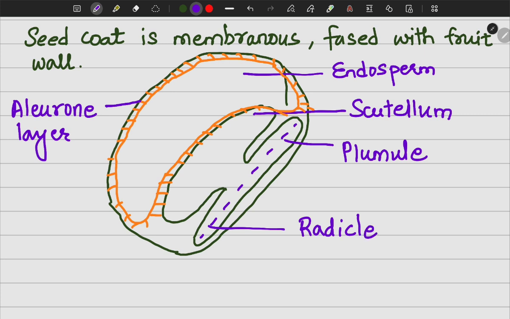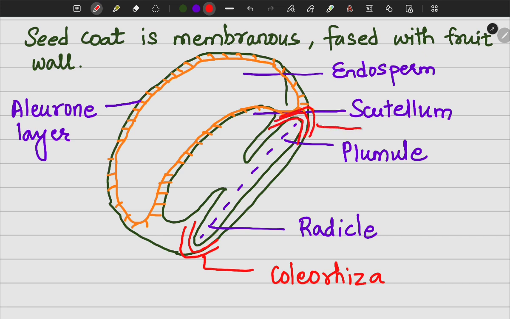Now, in case of monocot seeds, some additional coverings are present in the form of sheaths, which cover the plumule and the radicle. So, near the radicle, a sheath will be present, which is called coleorhiza. And above the plumule, similarly, a sheath will be present, which is called coleoptile.